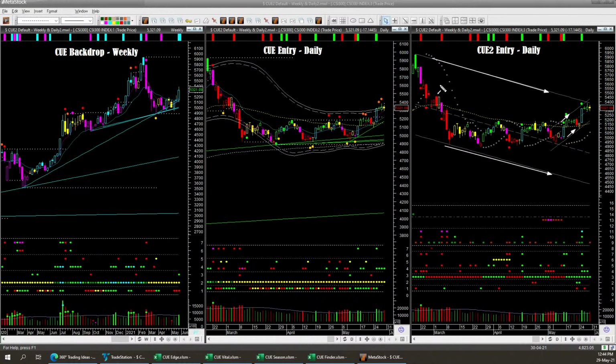I am using them to see within the longer term downtrend, the shorter term channel, is it trending up? That may point to a reversal. And sometimes we may also look for reversal from the upper channel line, reversal from the lower channel line, or a breakout from a downtrending channel line.